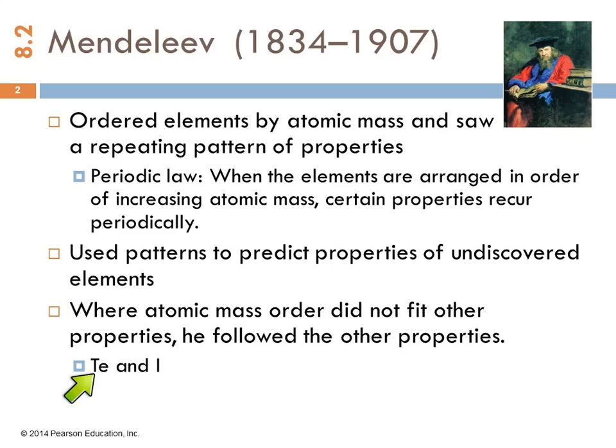Doesn't really matter. And iodine is 126, which is less. So the order by mass would have predicted iodine first and then tellurium, but that didn't match up with other properties, and so he swapped those and went by properties, because iodine behaves more like bromine than like selenium.